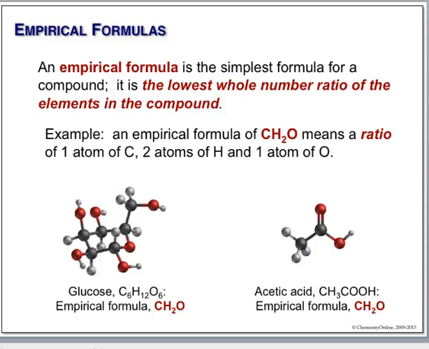So if we have 6 carbons, 12 hydrogens, 6 oxygens, what's our ratio? 1 carbon, 2 hydrogens, 1 oxygen. The empirical formula is CH2O.